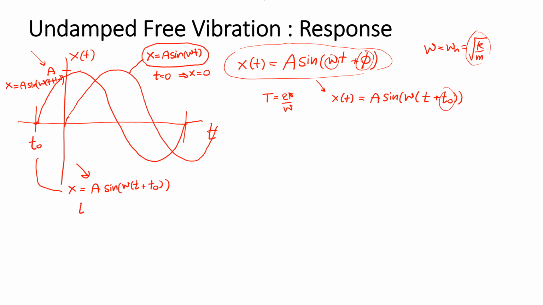When time t is equal to minus t0, meaning this distance to the left-hand side, at this time point, x equals a sine omega times minus t0 plus t0, equal to 0.